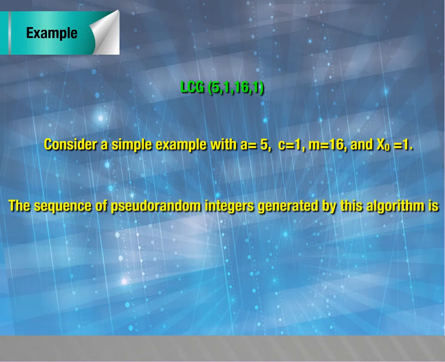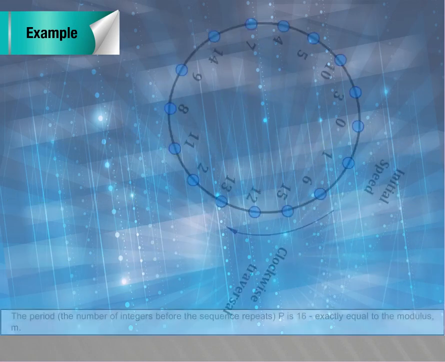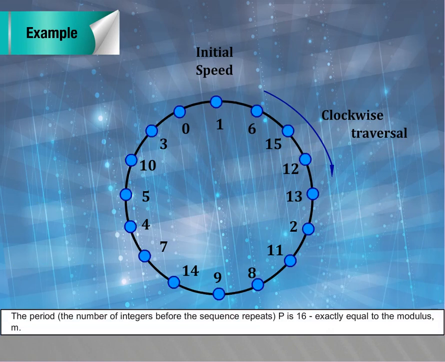The sequence of pseudo-random integers generated by this algorithm is 1, 6, 15, 12, 13, 2, 11, 8, 9, 14, 7, 4, 5, 10, 3, 0, 1, 6, 15, 12, 13, 2, 11, 8, 9, 14 and so on. The period, that is the number of integers before the sequence repeats, P is 16, exactly equal to the modulus M.